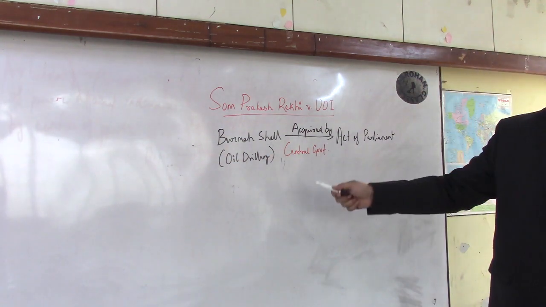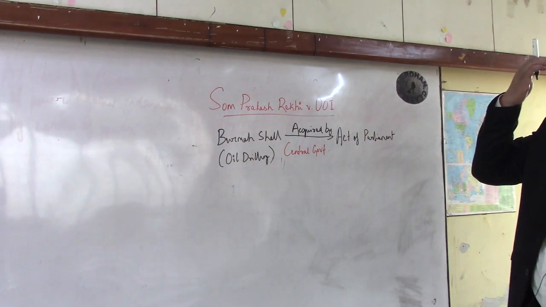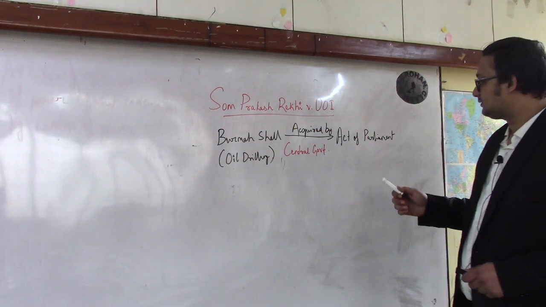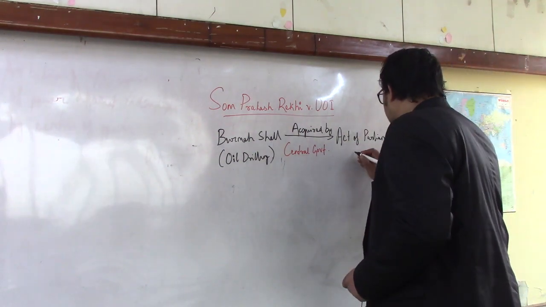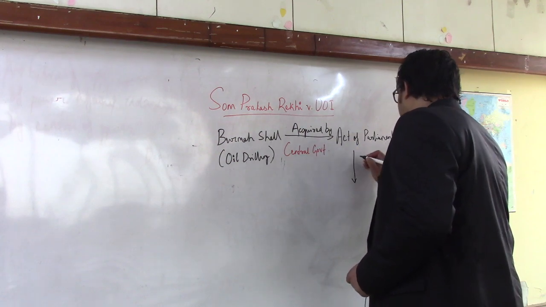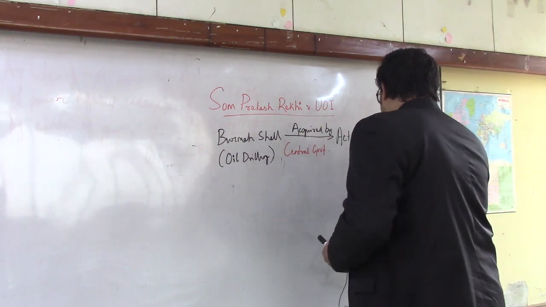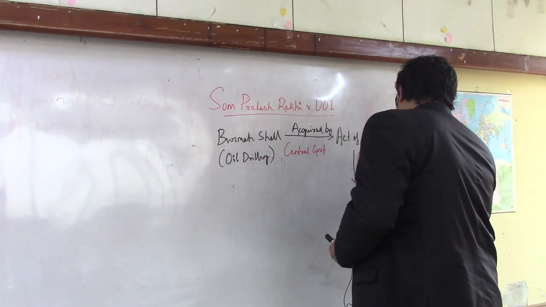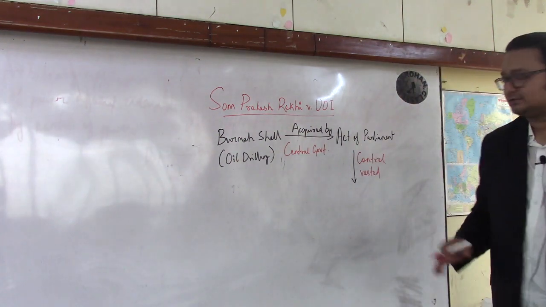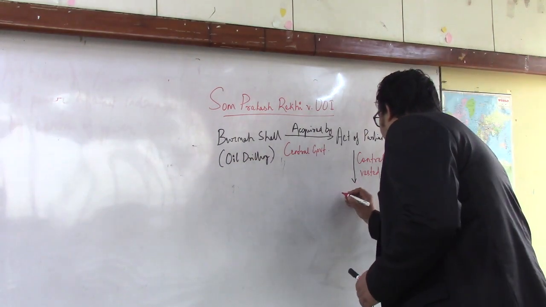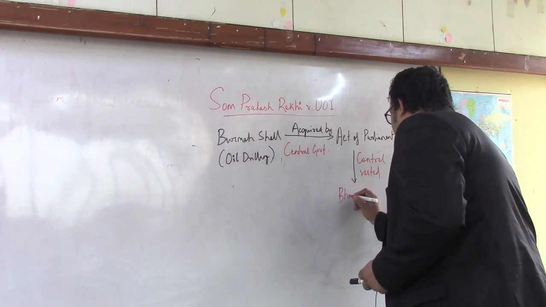Burma Shell oil drilling company acquired by central government through an Act of Parliament. Okay? And then the control is vested, or rather the control is transferred to another company, and everyone knows the name of this company. This is Bharat Petroleum.